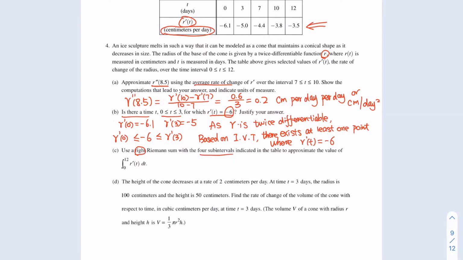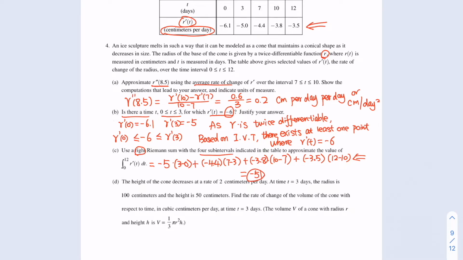So the right Riemann sum is given by -5 times (3 minus 0) plus -4.4 times (7 minus 3) plus -3.8 times (10 minus 7) plus -3.5 times (12 minus 10). You can leave your answer like this. If you evaluate, the answer will be -51.